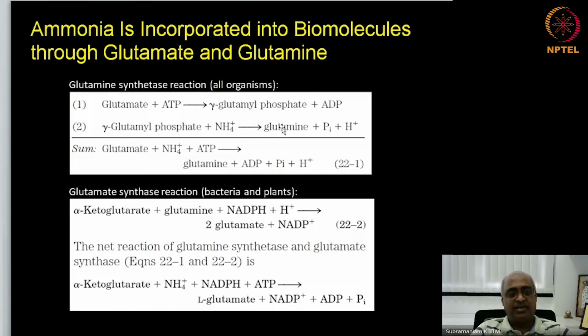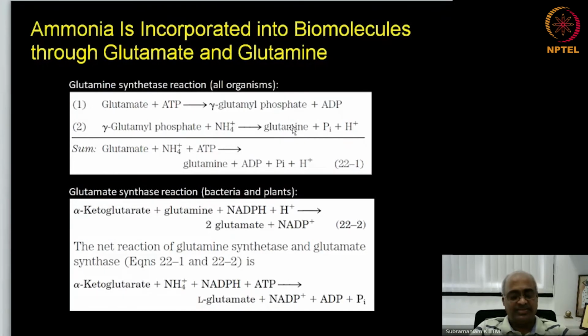This is another amino acid like asparagine, glutamine, aspartic acid, glutamic acid. So that is how the nitrogen, wherever you find in your body, originally entered into the biological system. So how does this happen? This we have already seen.